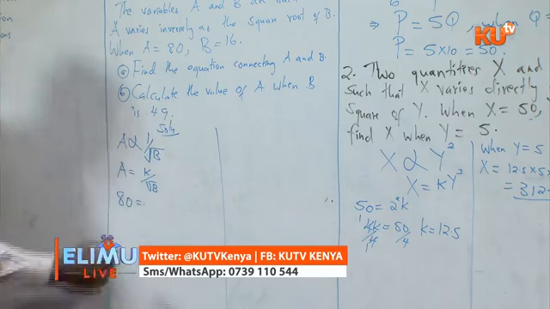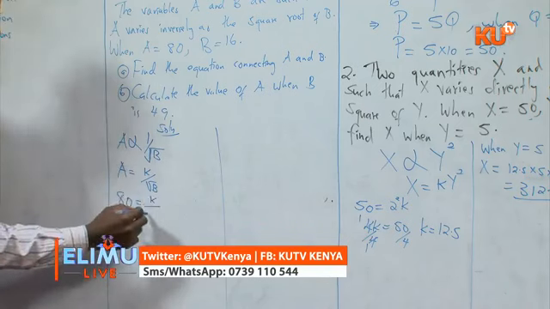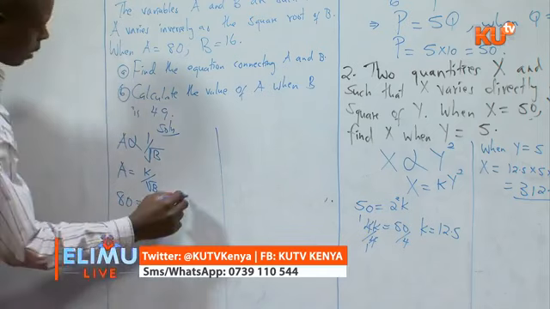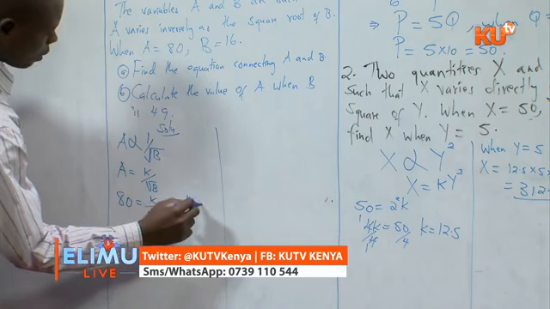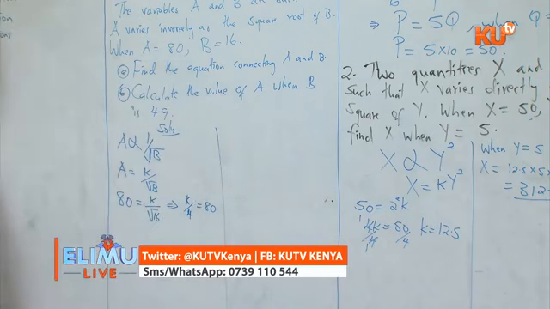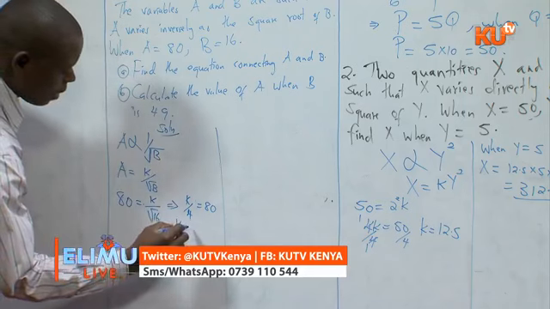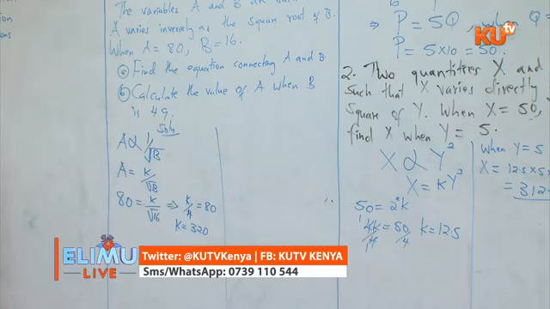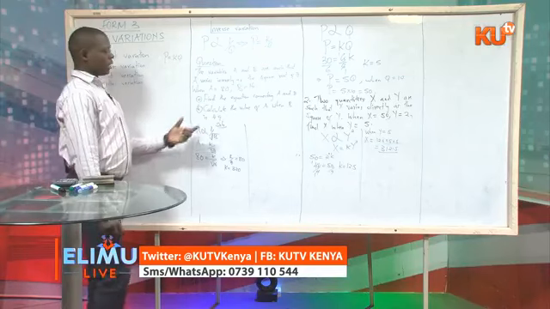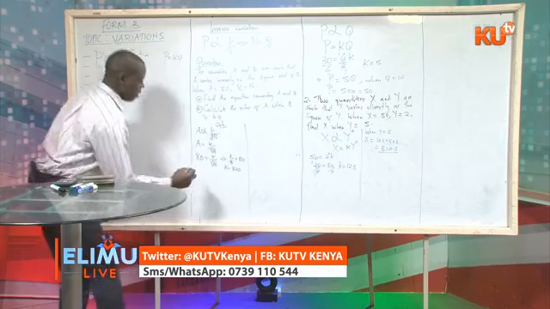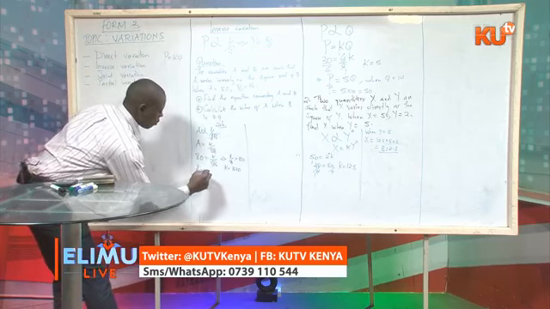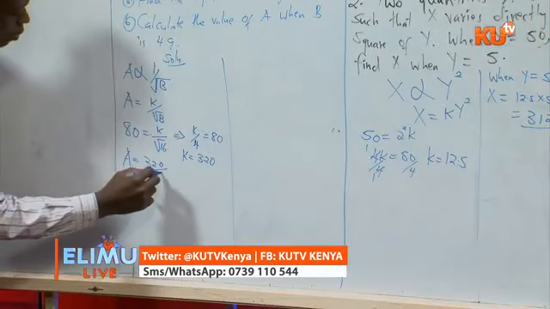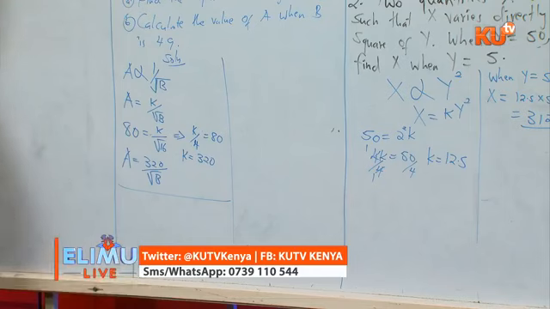So you have 80 is equal to K over the square root of 16. And the square root of 16 is 4. So this implies that K over 4 is equal to 80. So how do you get K? K will become 80 times 4, which is 320. That is the value of K. And so the equation connecting A and B will now be A is equal to K, which is 320, over root B. And that is part A.